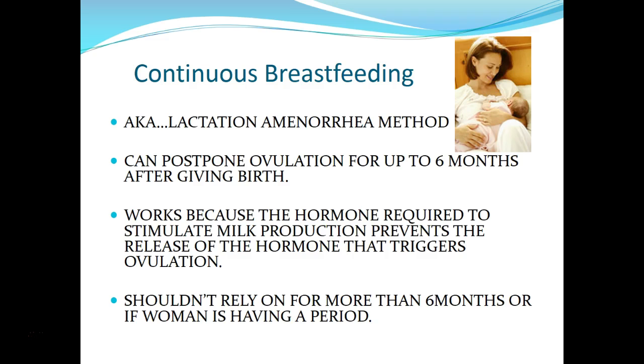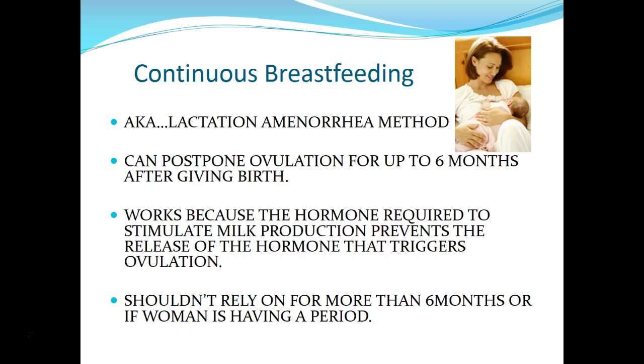So for our last natural method that we're going to talk about, this is called continuous breastfeeding, or the lactation amenorrhea method. And amenorrhea means no period. This can postpone ovulation for up to 6 months after giving birth.